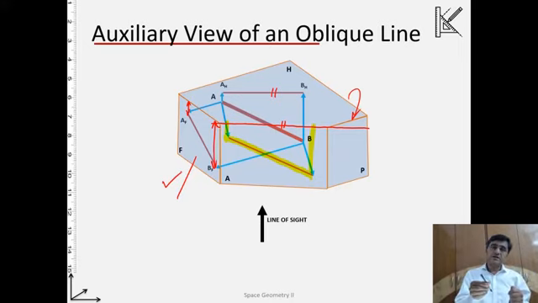So as far as the line is concerned, the line's projection onto the auxiliary plane will also be at the same depth, at the same distances from the horizontal plane. So the two ends of the line, A and B, whichever distance they are below the horizontal plane, and I know it from the frontal projection, the same distances are also applicable for the auxiliary plane. Well, we'll make use of this now.